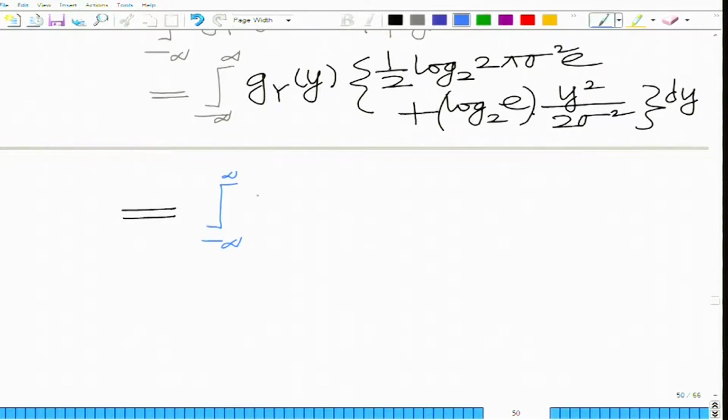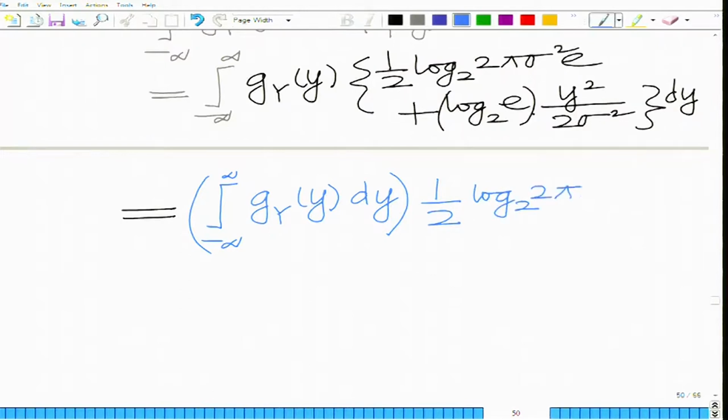Which is equal to, if you look at this, the integral from minus infinity to infinity of gy of y. Well, this half log to the base 2 of 2 pi sigma square e is a constant, so this will come outside. Plus, now again log e to the base 2 is a constant, divided by 2 sigma square is a constant.